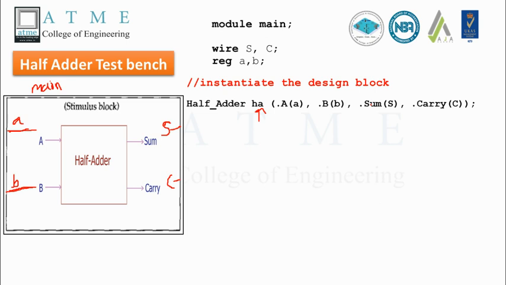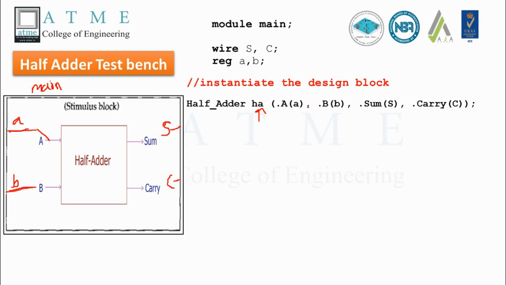Here we have established interconnection between the ports of the half adder and the variables of the test bench through a connection list. So here, dot a, within this parenthesis I have connected a, which means the input port a of the half adder is connected to the variable a, this register a in the stimulus block.